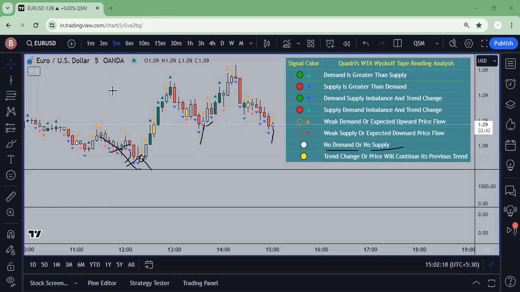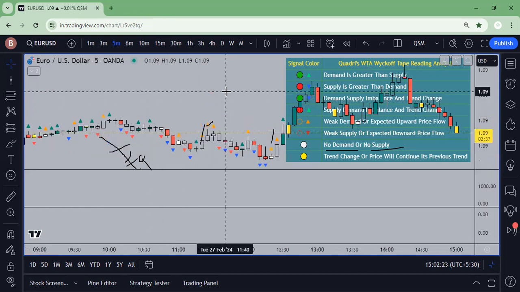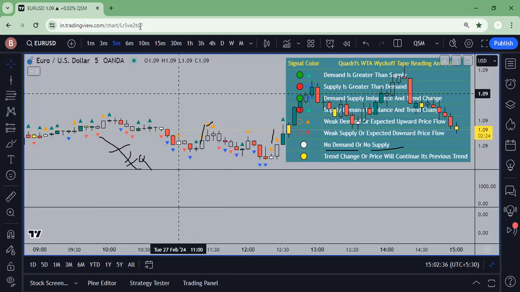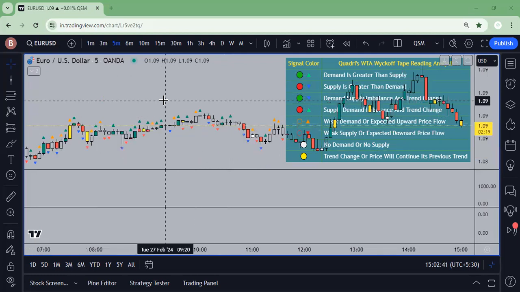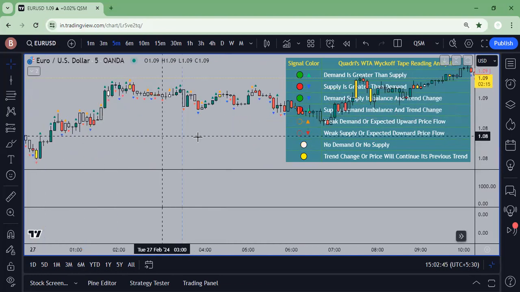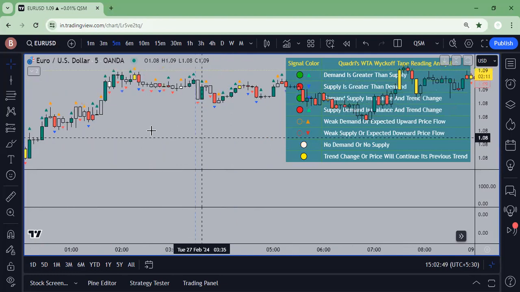And if we are going upwards, and it occurs when we are going up, that means there is no demand. Let me find a situation like here.